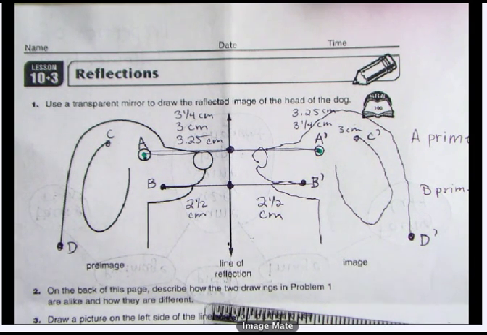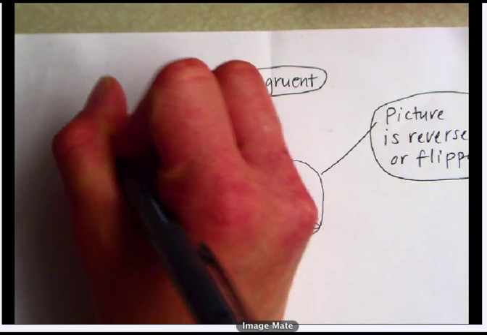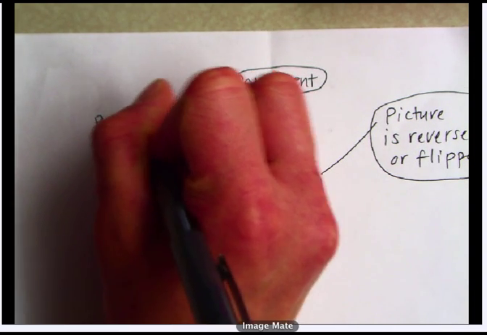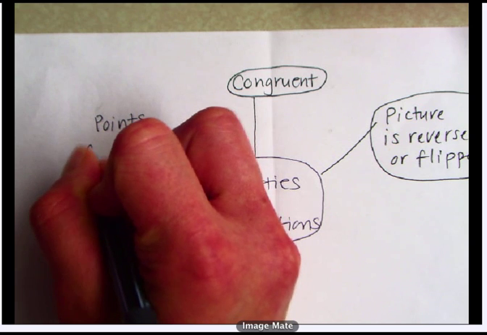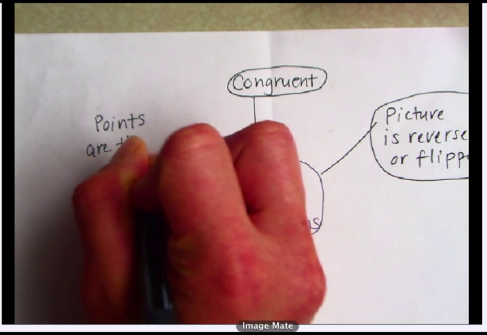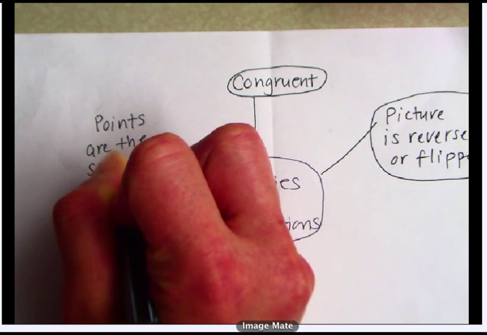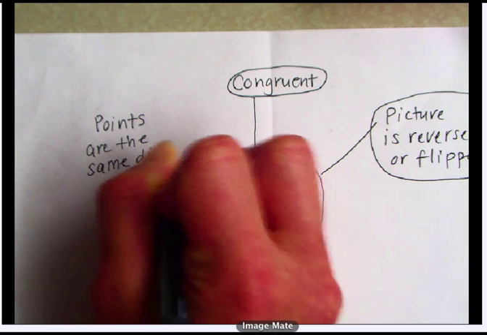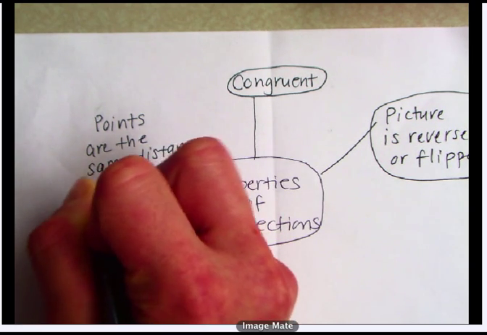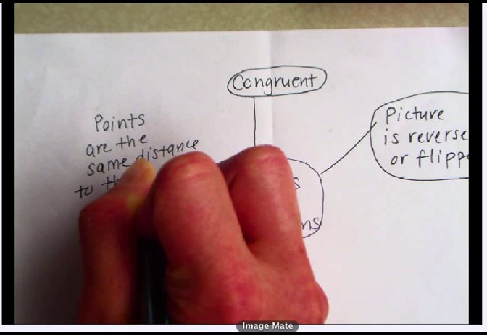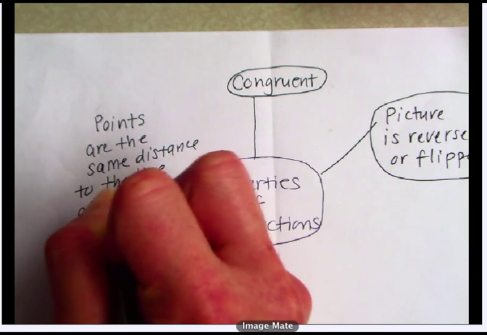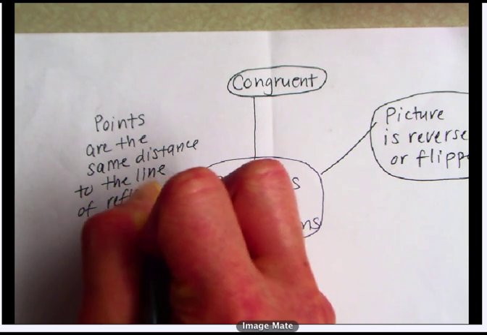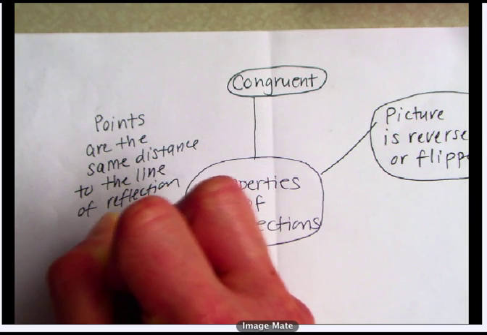So what I want you to take away from this is another property: points are the same distance to the line of reflection, as long as you're talking about the same one. For example, A and A prime.